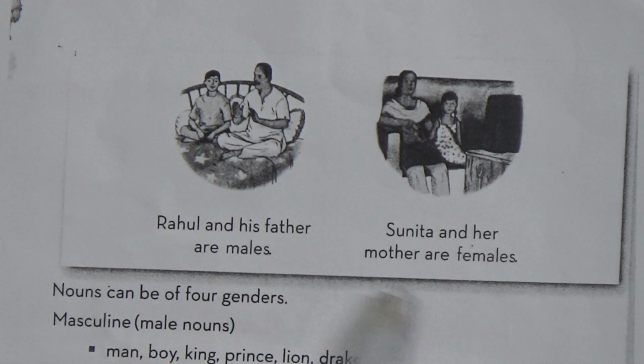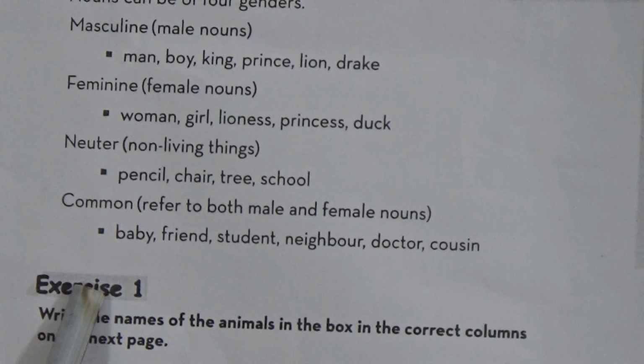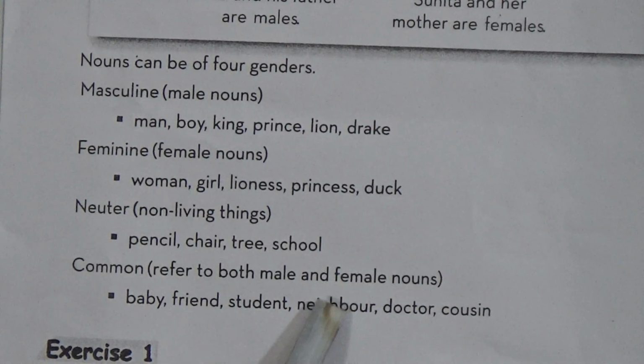This is the way of finding out gender. Gender is the word through which we can understand whether the person is male or female, or the thing is neuter or common.